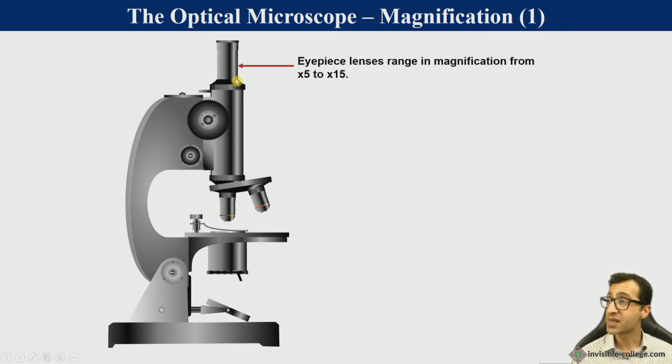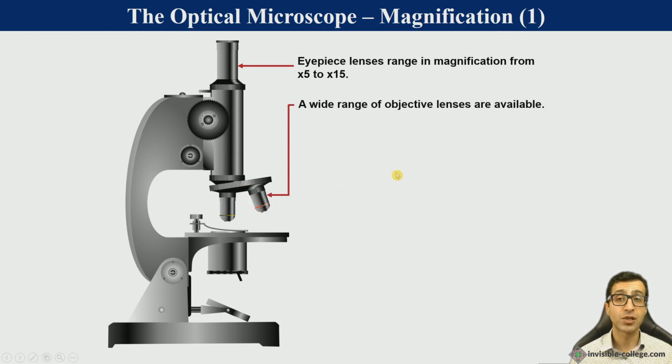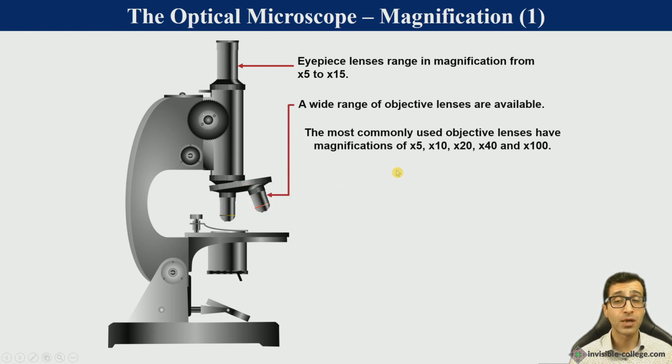The first of these is the eyepiece lens. Eyepiece lenses in modern optical microscopes will range in magnifying power from ×5 to ×15. There's a much wider range of objective lenses available in optical compound microscopes. The most common of these that you may well have come across in the laboratory are ×5, ×10, ×20, ×40, usually up to a maximum of ×100.